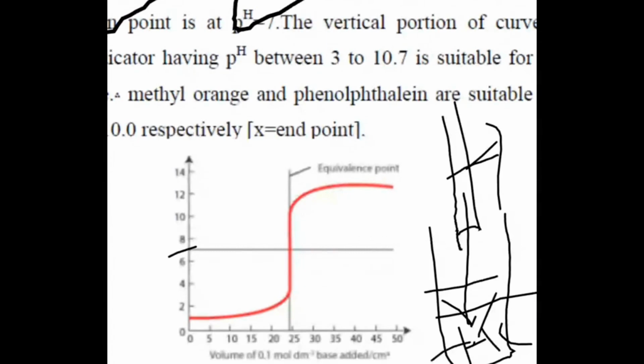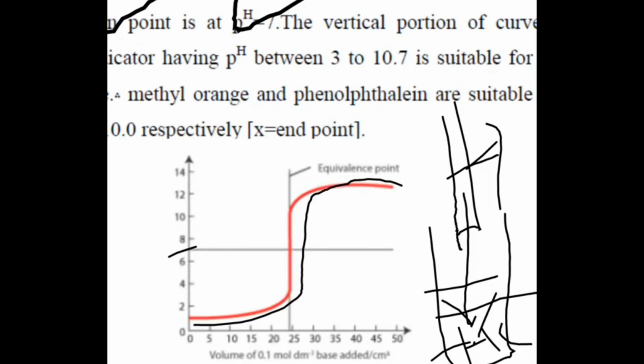That is what is given in the plot: the equivalence, the volume or moles added to the given solution. So here the curve is the pH titration for strong acid versus strong base.